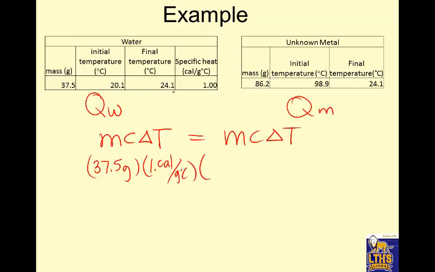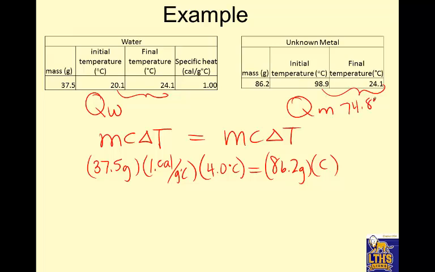The temperature change of the water is 4.0 degrees Celsius. The mass of the metal is 86.2 grams. Specific heat of the metal is what we're looking for. And the temperature change of the metal is 74.8 degrees Celsius. So the only thing we're missing is this C.